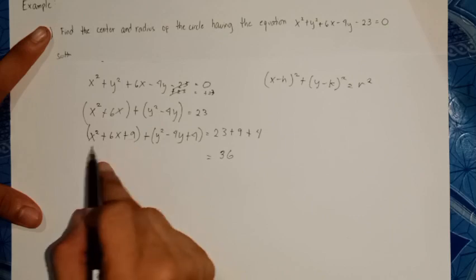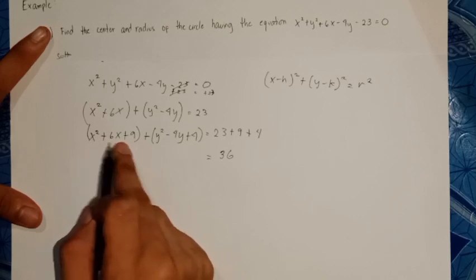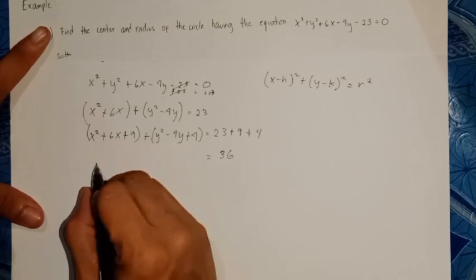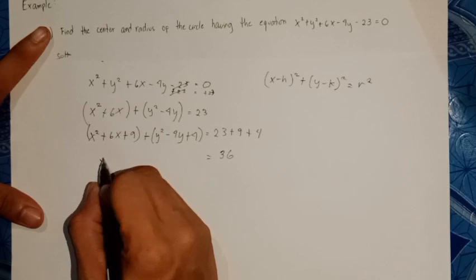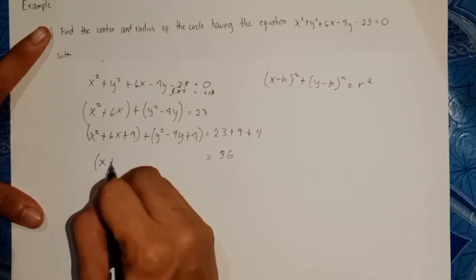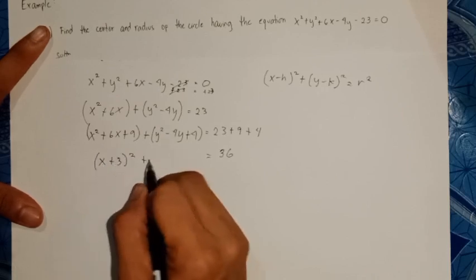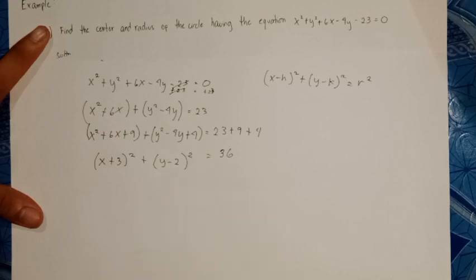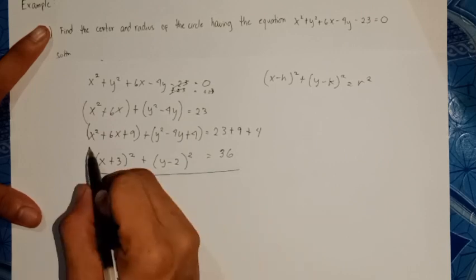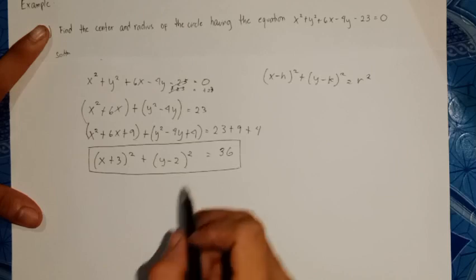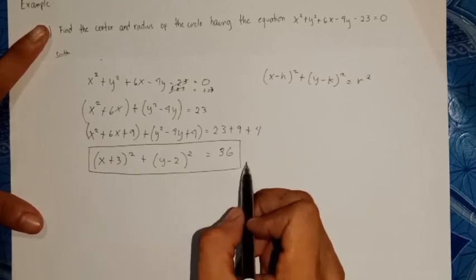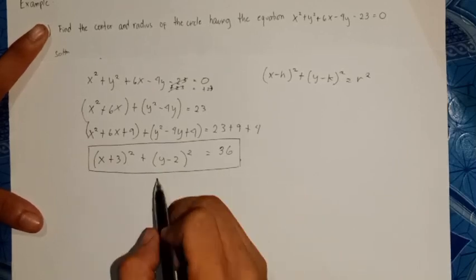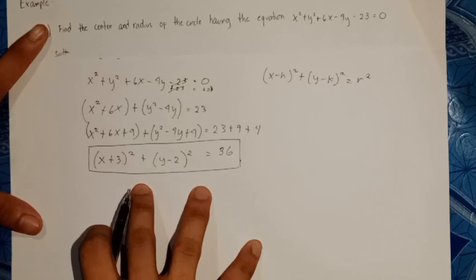Now, this equation we can transpose into (x plus 3) squared plus (y minus 2) squared. As you can see, this is now the standard form of the circle.